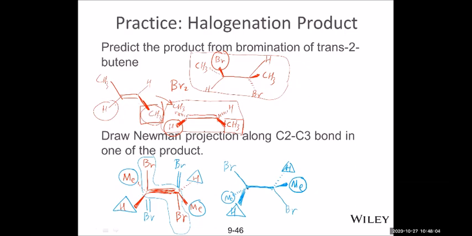So anyway, let's decide what is R and S, because that can easily show us whether this is the same product or a different product. With this carbon, okay, this is the first chiral center. Let's use color to make it easier to see. The first chiral center has a bromine, a methyl group, a hydrogen, and this is kind of an ethyl group.